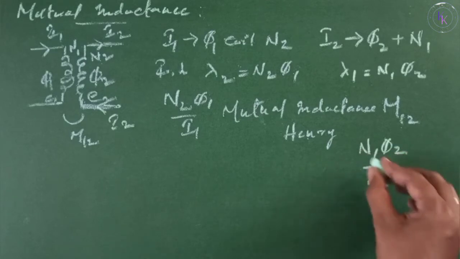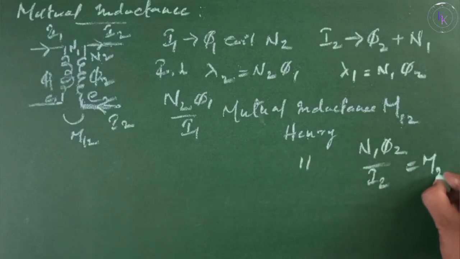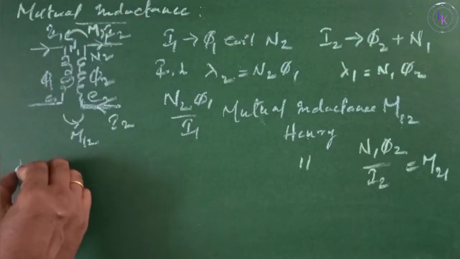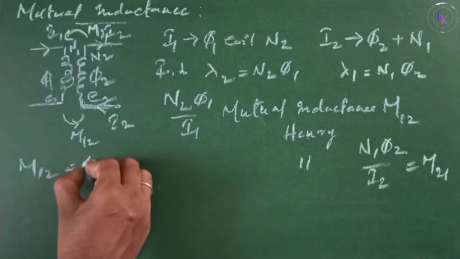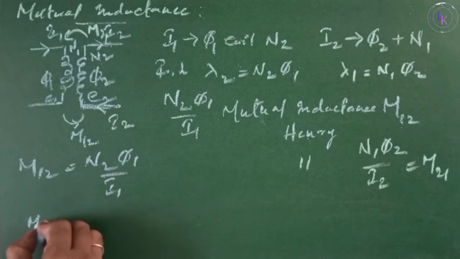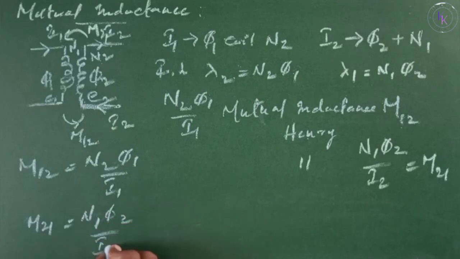This is also known as a mutual inductance and this is represented with M21. Now M12 is given by N2 phi1 by I1 and M21 is given by N1 phi2 by I2.